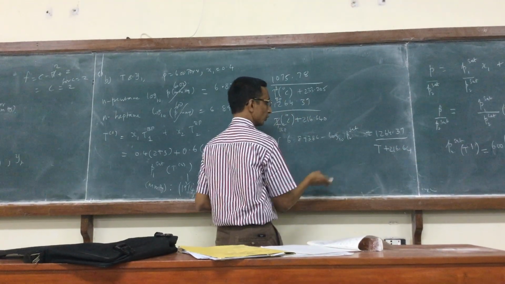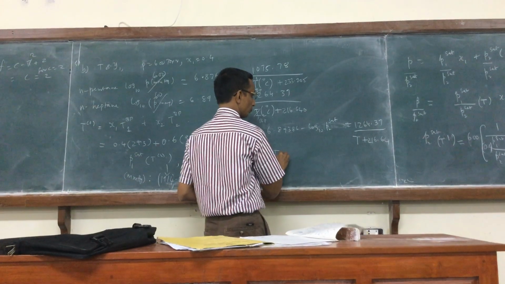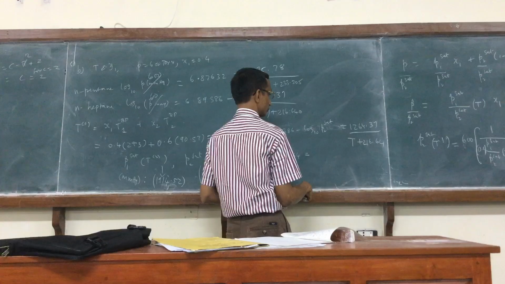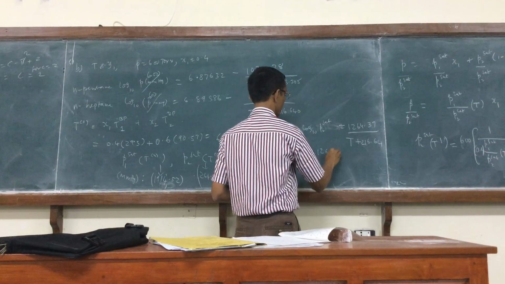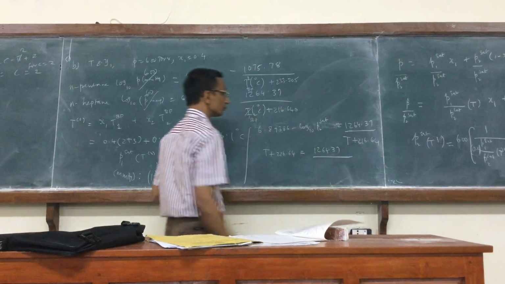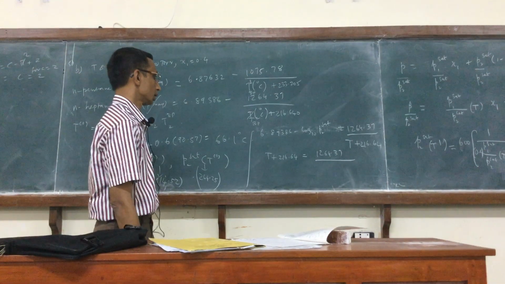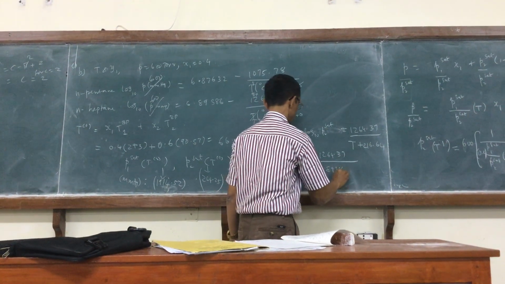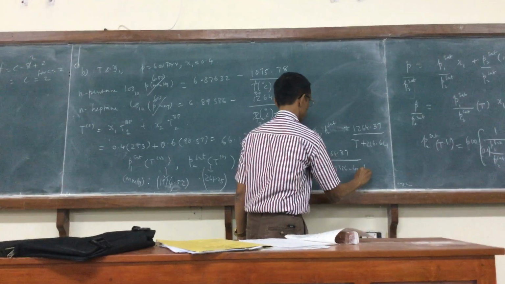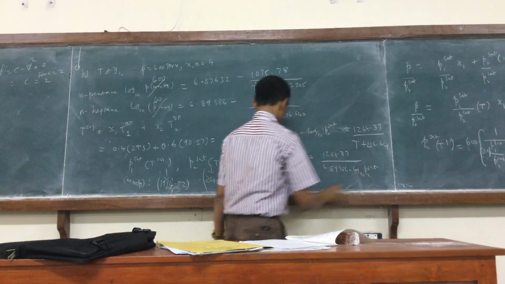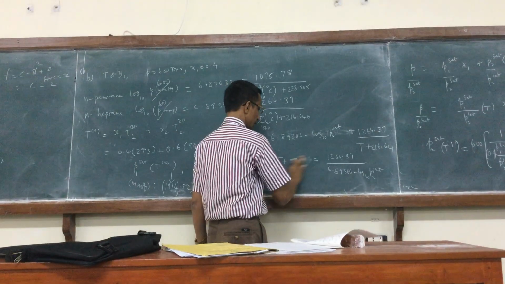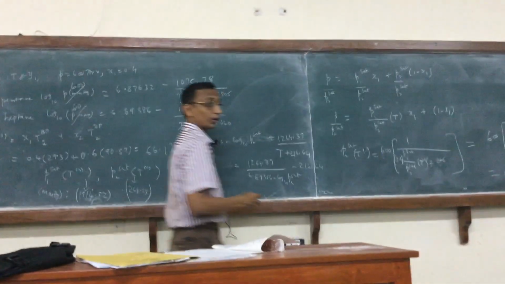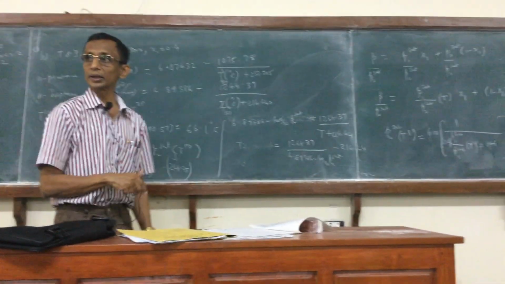Now I need to invert this. So T plus 216.64 is 1264.37 divided by 6.89386 minus log 10 of P2 sat. And so T would be this minus 216.64. This is what I have to use to calculate T1 now.